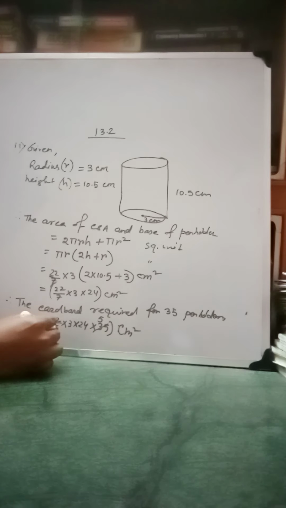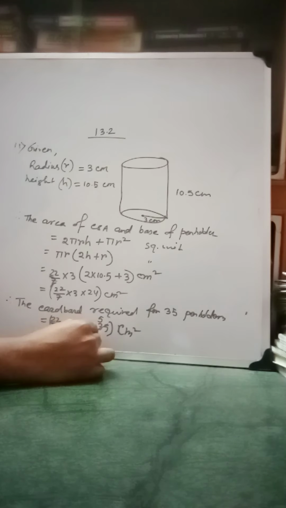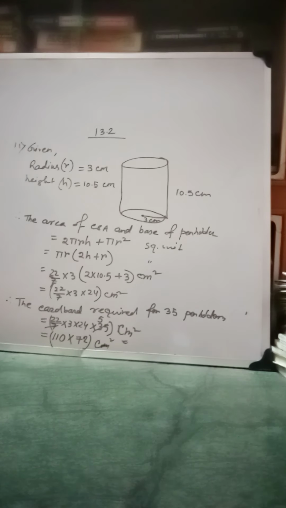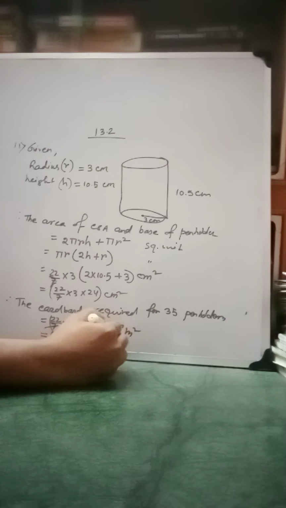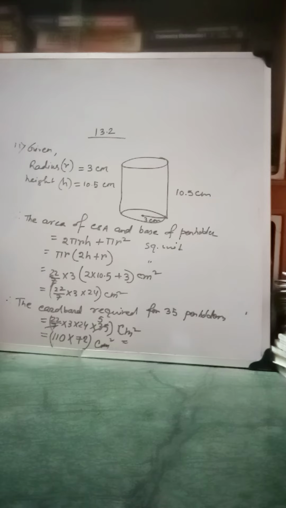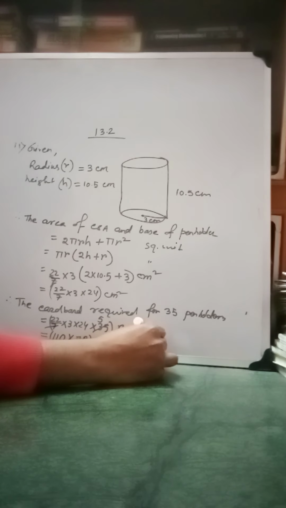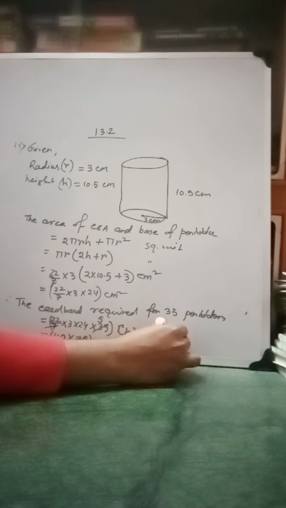So it is coming 22 into 5, that is 110 into 72, that is centimeter square, equals to, ultimately it is coming 72 into 11, that is 72, so 7920 centimeter square is coming.